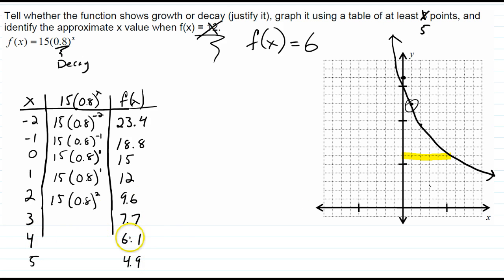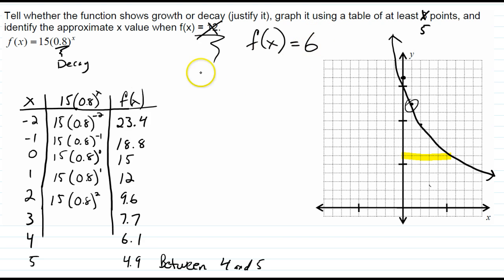Using the table, which is going to be better than the graph, I would say between 4 and 5. And this is how I would answer this question if I were in algebra. But I'm not in algebra. We're in algebra 2, and we've just learned about logs. So now we're going to actually use logs to figure the exact answer out.